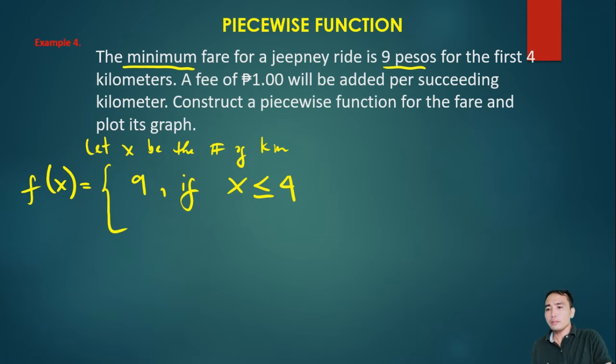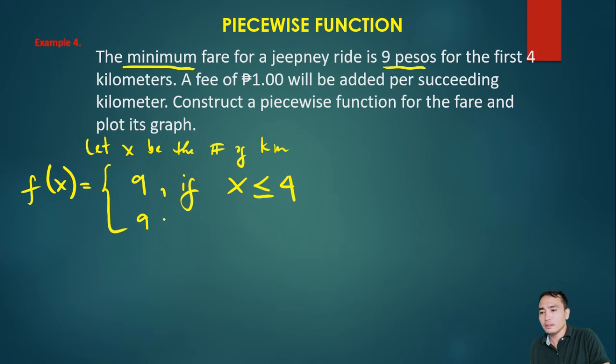A fee of 1 peso will be added per succeeding kilometer. So, babayad tayo ngayon ng 1 peso kapag lumagpas sa 4 kilometers yung ating nilakbay. Okay?